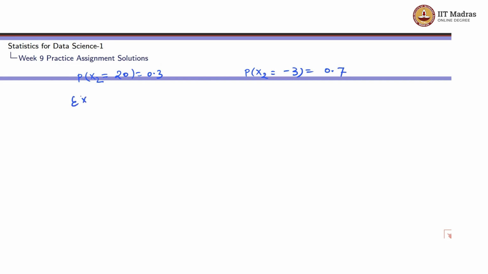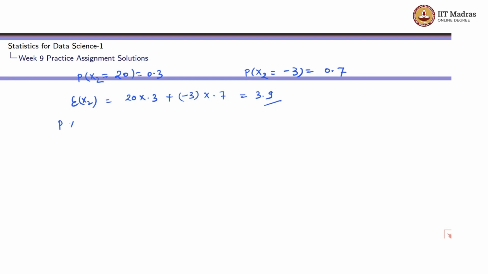If we calculate the total expected profit from this startup, that is nothing but 20 into 0.3 minus 3 into 0.7, which is 6 minus 2.1, that is nothing but 3.9. So this will be 3.9.